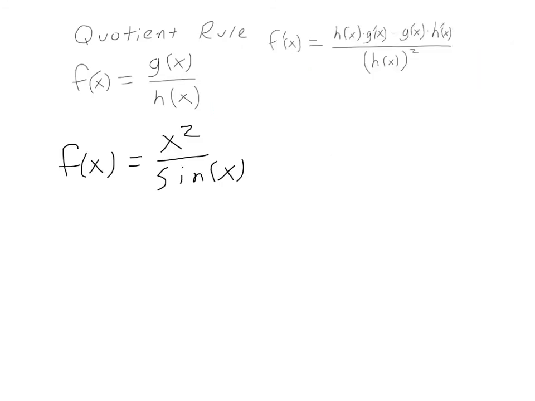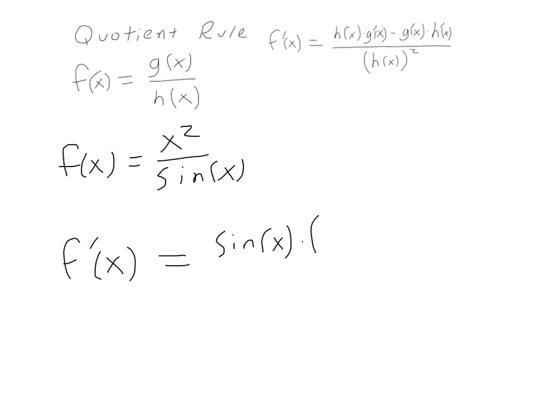Alright, for example, let's say we have x squared divided by sine x. So this x squared is g of x, also known as high. Sine x is h of x, also known as low. In order to find the derivative of x squared divided by sine x, I have to say low d high, which is sine x unchanged, times d high, which is the derivative of x squared.